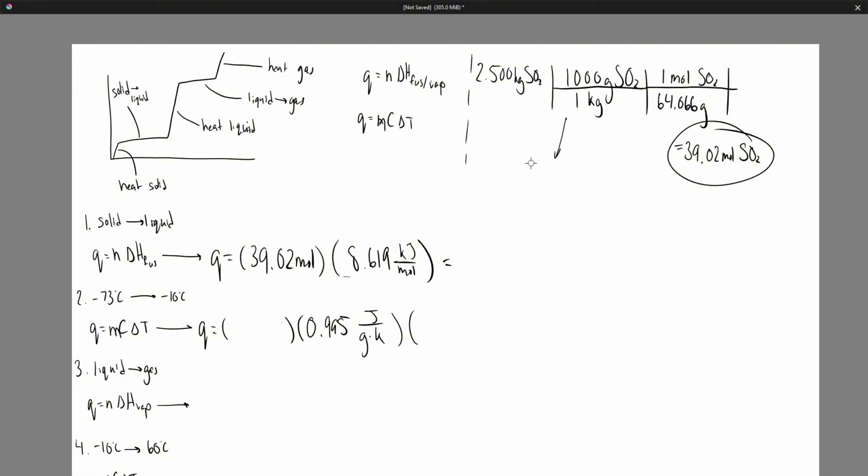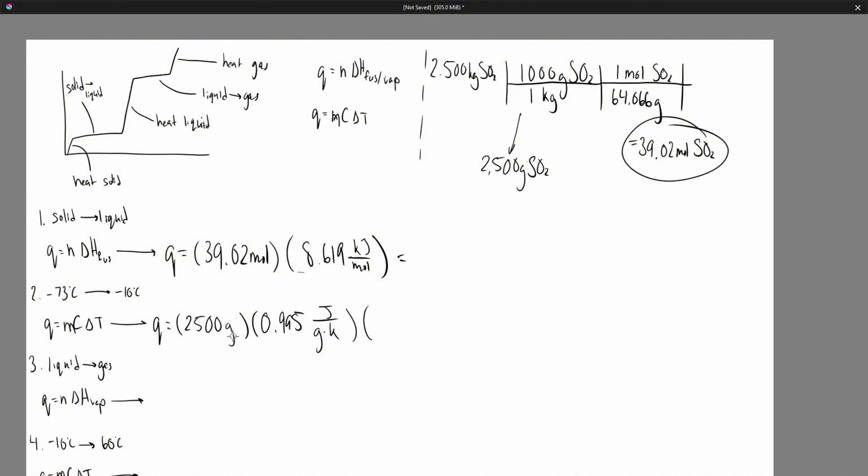So we keep it in grams. So it's 2,500 grams sulfur dioxide, which is what we put here. Because you always want the units to be the same.